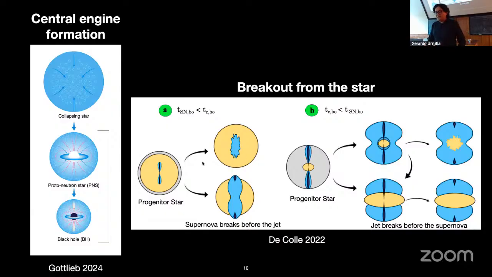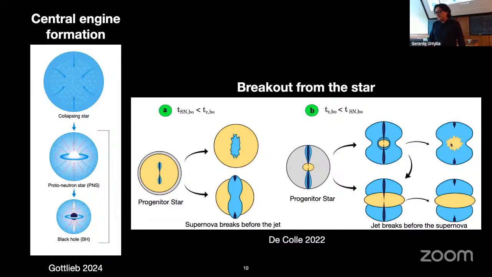One could be the case of the explosion of a supernova breaking the star, with a jet propagating inside, and we could obtain a failed jet. It just doesn't acquire the high-speed velocities. Or a jet crossing a supernova and crossing a star, or another case in which the jet is launched before and after the supernova is launched.